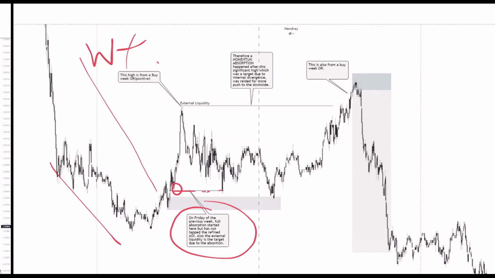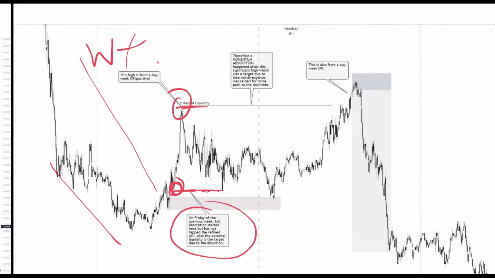Also, the external liquidity is the target. Of course, because this low here, what high did that low form? It is this high. So if price is absorbing this low, it is leading us towards this high. So from that previous week, external absorption started.